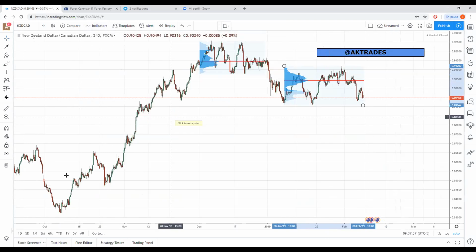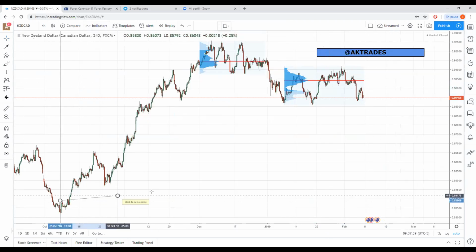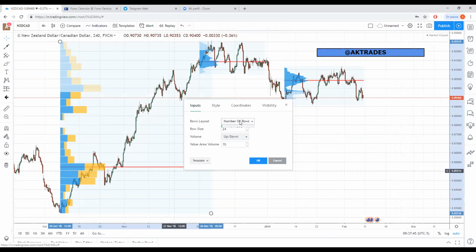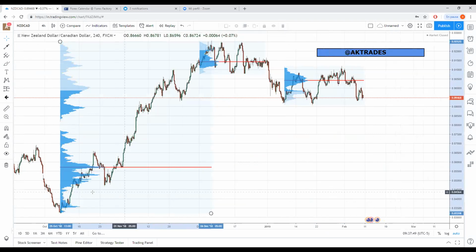It means that there were aggressive buyers pushing the price up, and during this uptrend, buyers accumulated buying positions here and around this area, where prices are currently sitting.